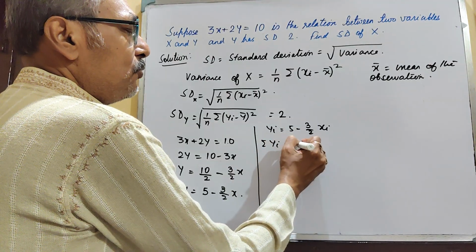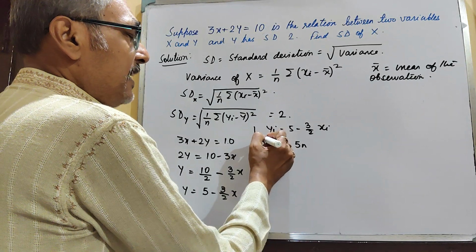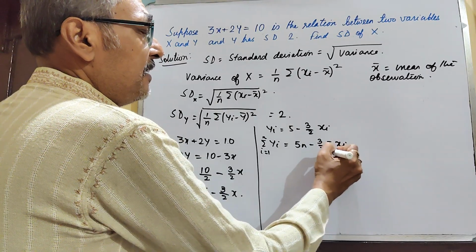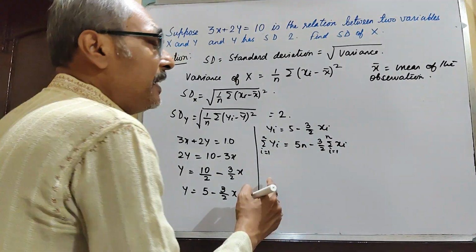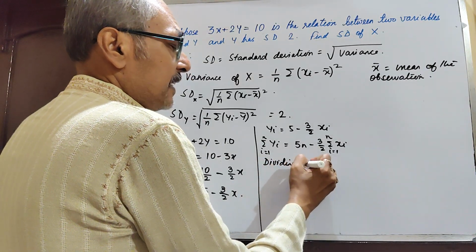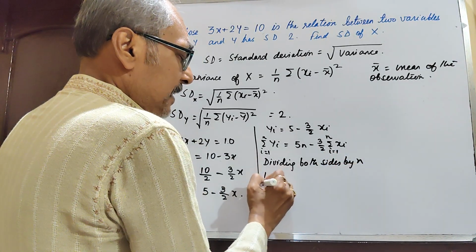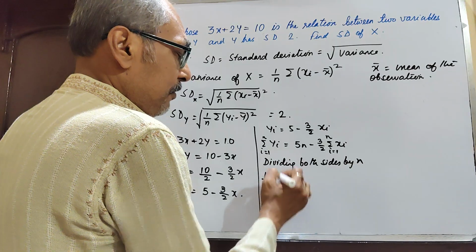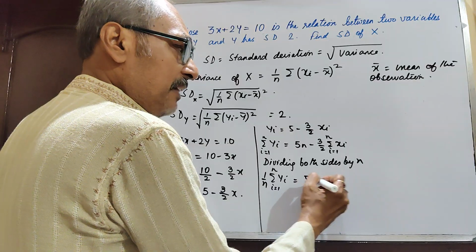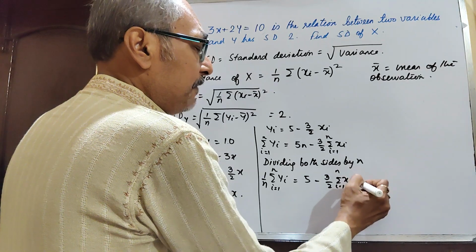Taking the summation, i running from 1 to n, it becomes 5n minus 3 by 2 summation of xi. Now dividing both sides by n, we get 1 by n summation of yi equals 5n by n, that becomes 5 minus 3 by 2 summation of xi, i running from 1 to n, whole divided by n.